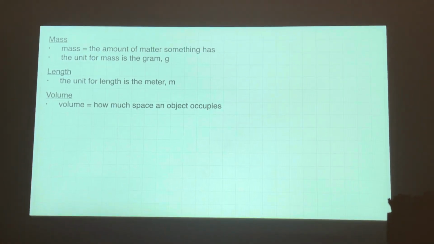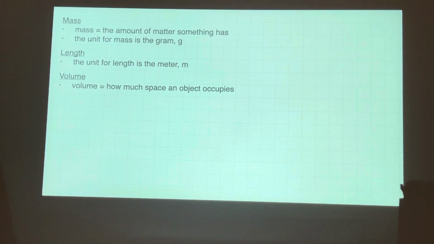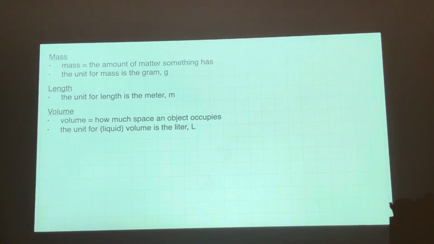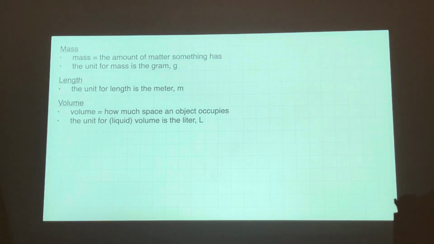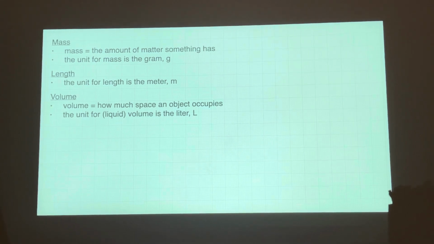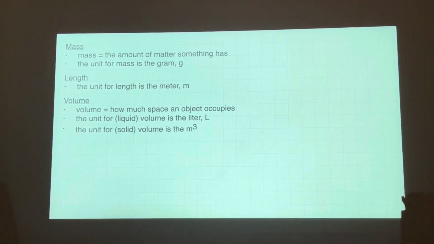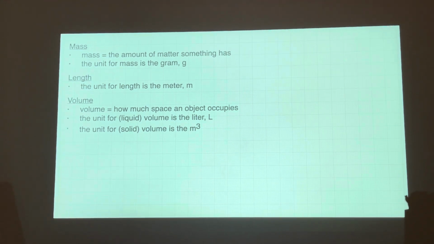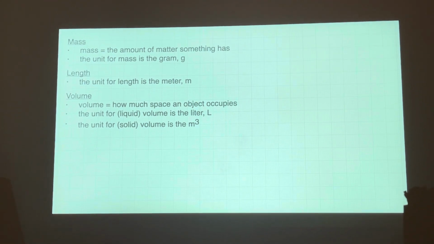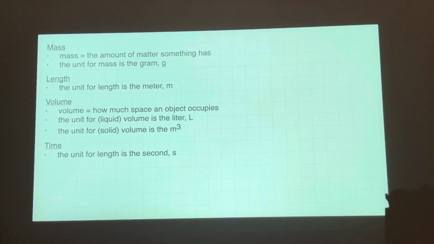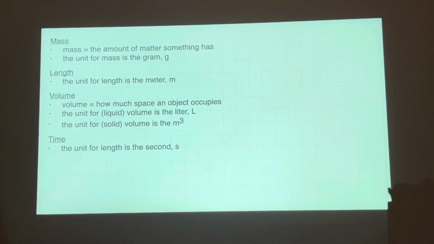Now there's 2 standards depending on whether it's a solid or a liquid. For volume, the unit of liquid is the liter. The unit for a solid volume is a cubic meter. Time, this is easy for us. The unit for time is the second.